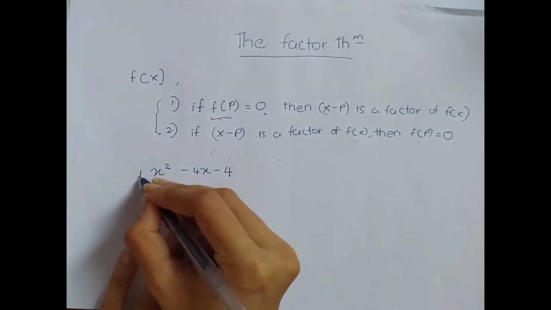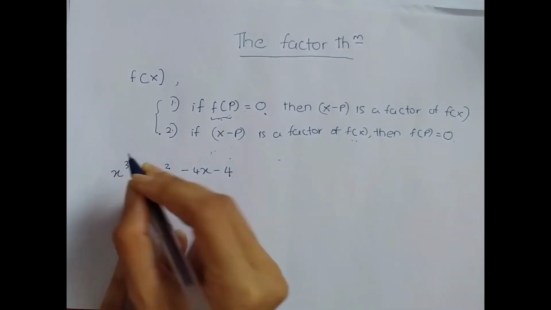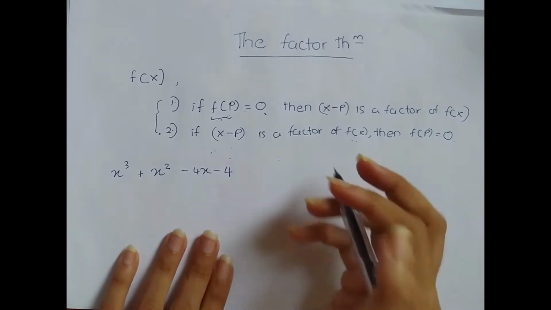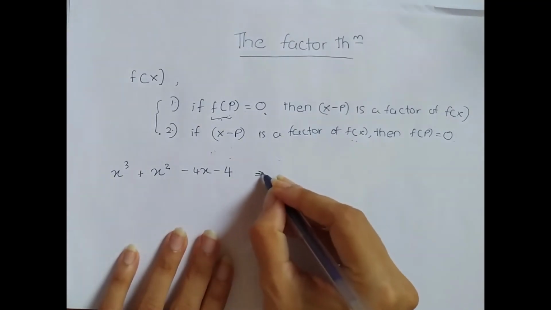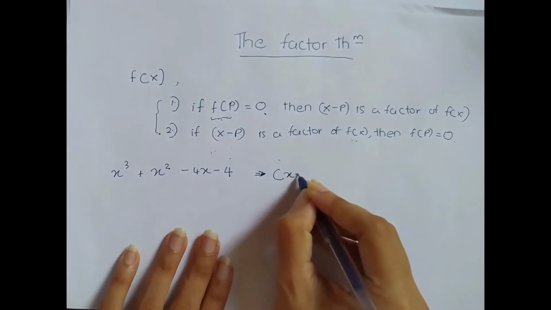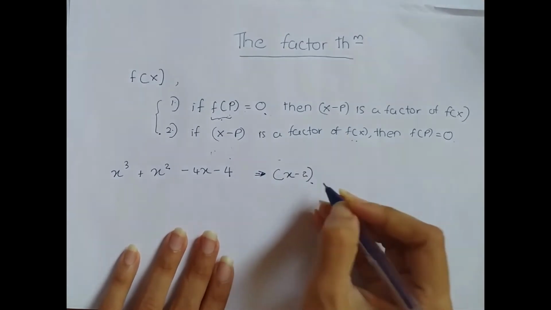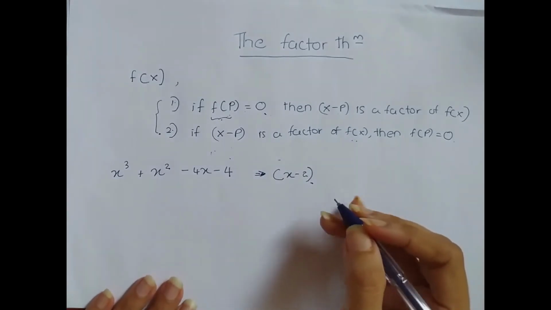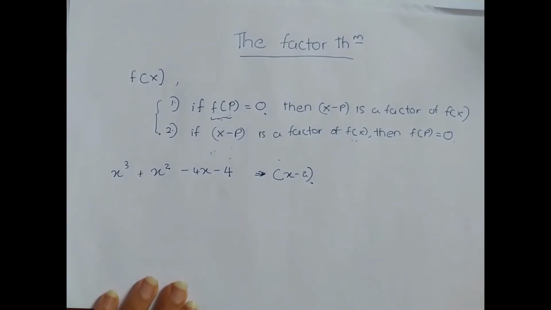Show that x minus 2 is a factor of this. So how do you show that?